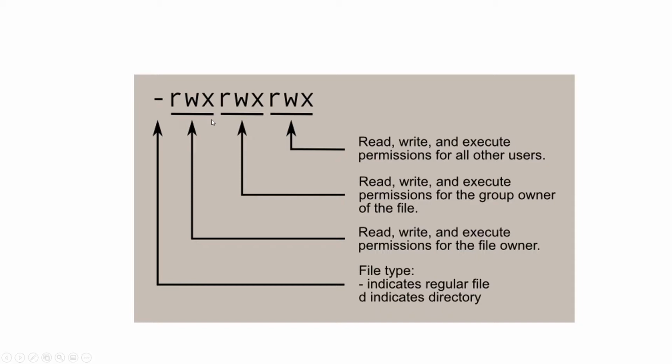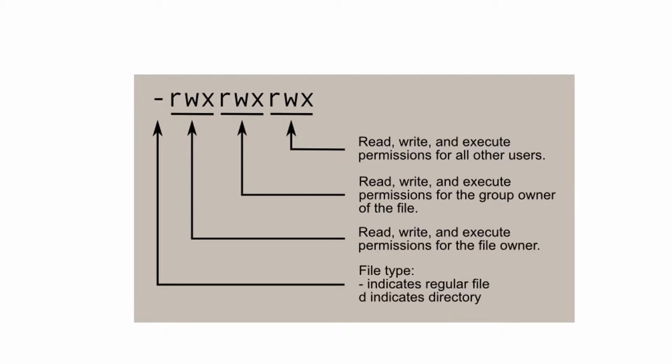The 9 characters can be broken up into 3 groups of 3, and they explain what the read, write, and execute permissions are for a specific file for different users based on what category they fall into. I feel like I don't need to explain this, but just in case, so we're all on the same page: when you give someone read access, that means they have the ability to open the file and look at it.